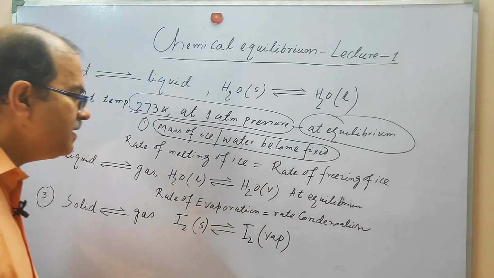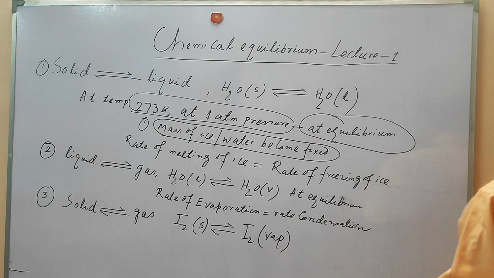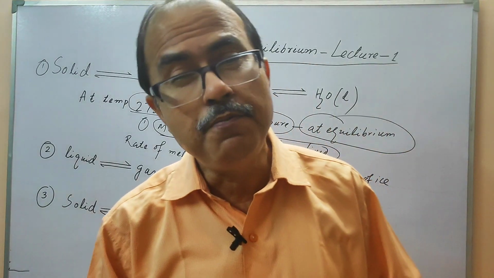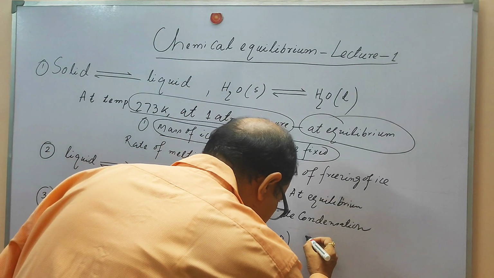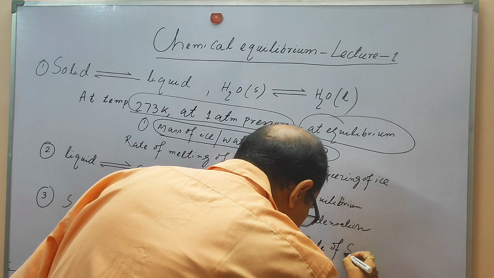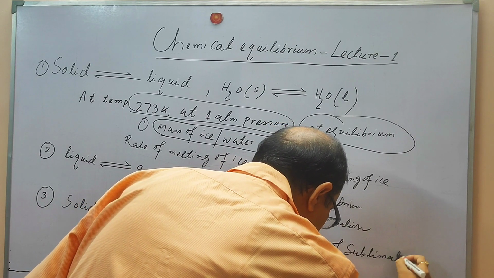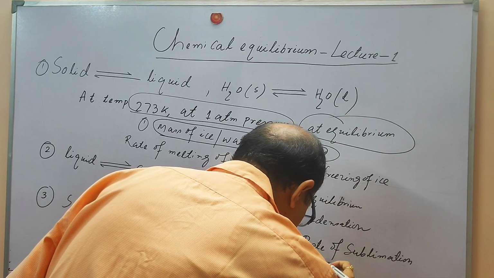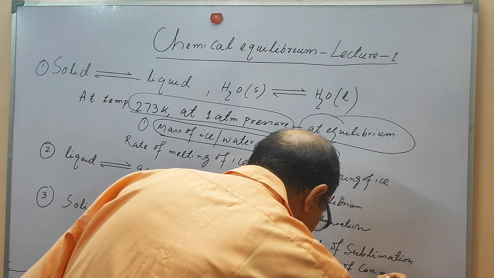And when it reaches equilibrium, what will you find? You will find a very interesting thing: at that point the rate of sublimation is equal to the rate of condensation.